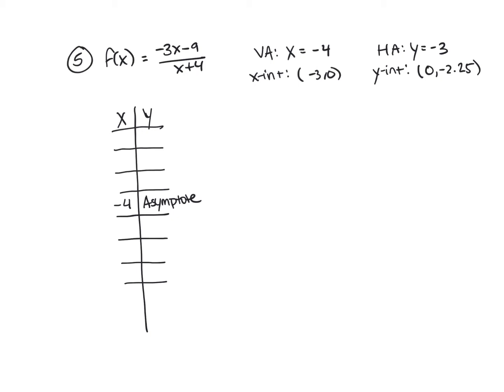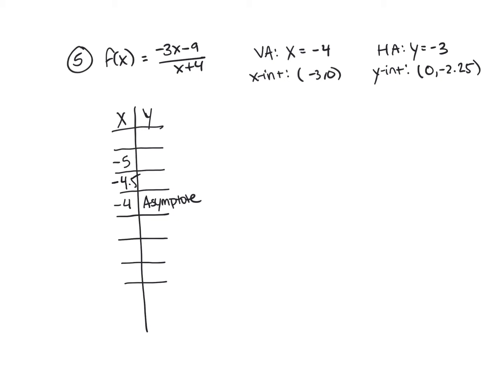Now, when I take a look at what x values I should choose, I make sure to do a 0.5, or kind of half a point, around the asymptote so I can get close and see what that behavior looks like, and then do whole numbers from there. So from negative 4, if I count backwards by 1/2, that's going to be negative 4.5, and then we'll go to whole numbers.